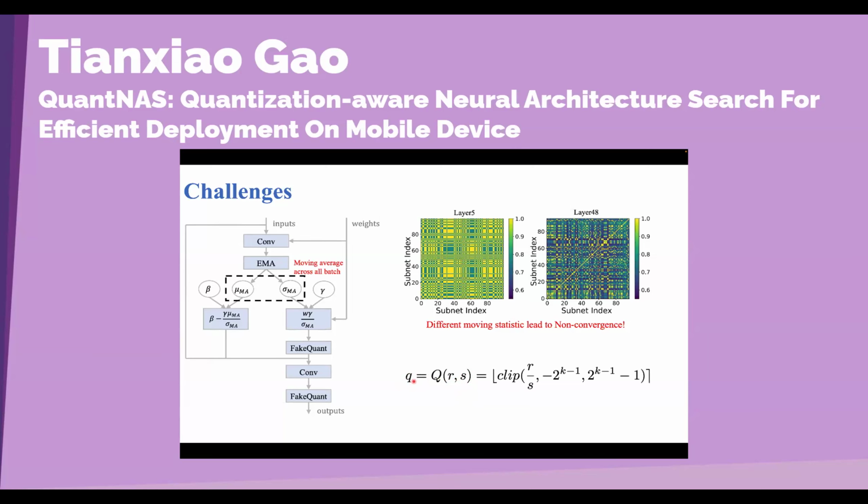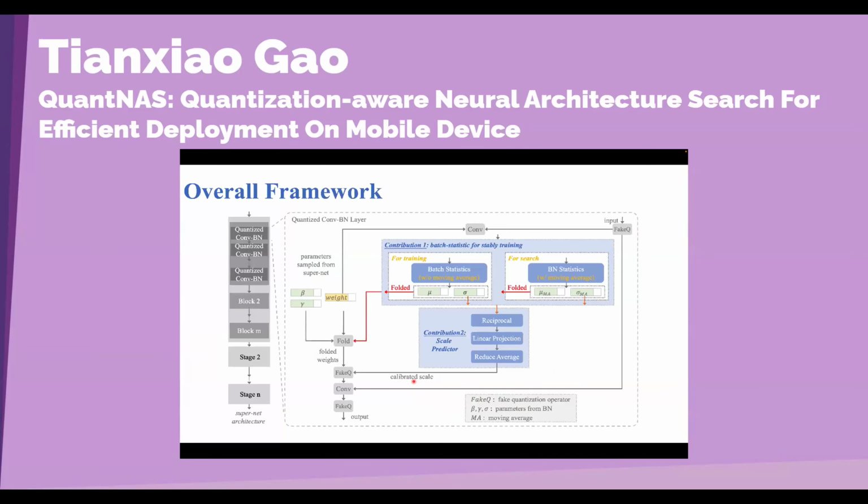So the optimal scale of the same layer of each subnet is also different. Meanwhile, we cannot store different scale values for different subnets because the amount of subnets is large. If we train a shared scale across all subnets, the search result based on a mismatched scale will lead to non-optimal results. To tackle the problems of non-converging training and non-optimal search results, we propose Optimus.